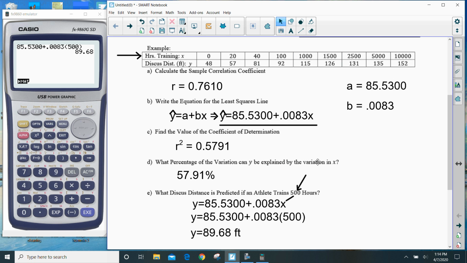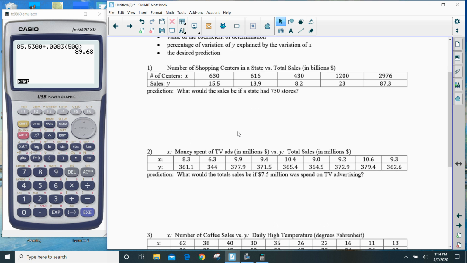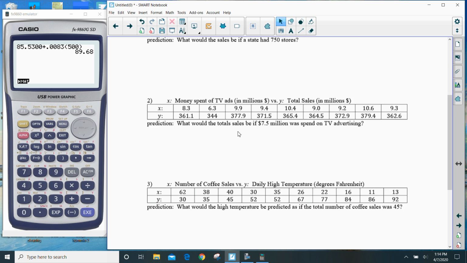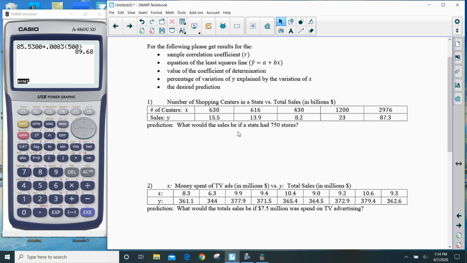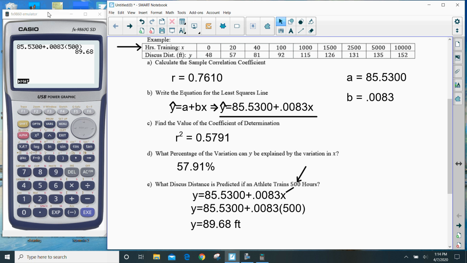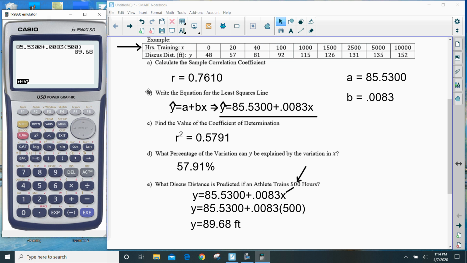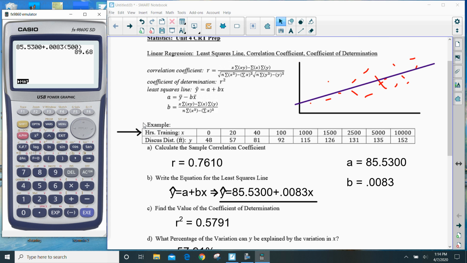All right, so the assignment, again, is back here. You're asked to answer pretty much all the same kind of questions as up front here. Again, try to get this calculator. If you don't have this calculator, this is going to be very difficult for you to accomplish.